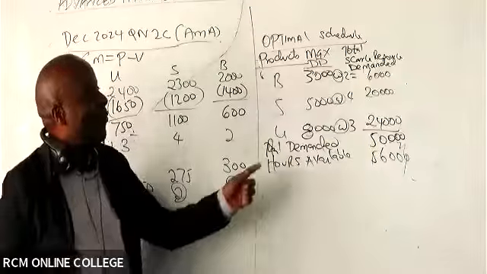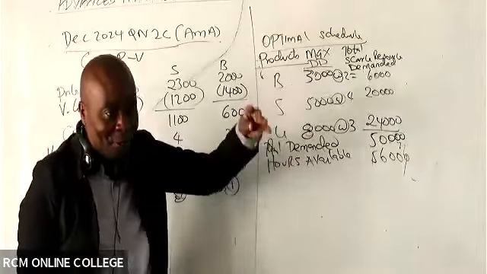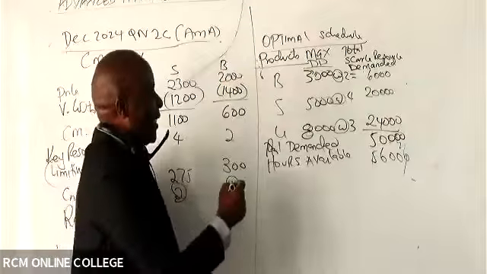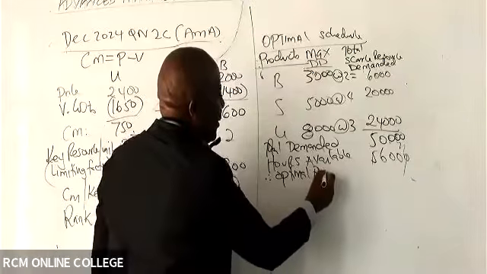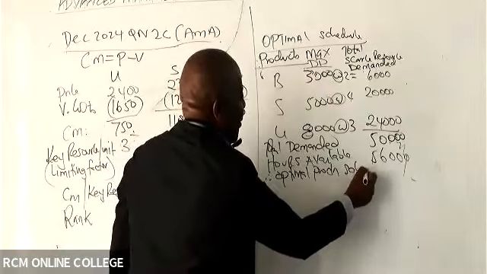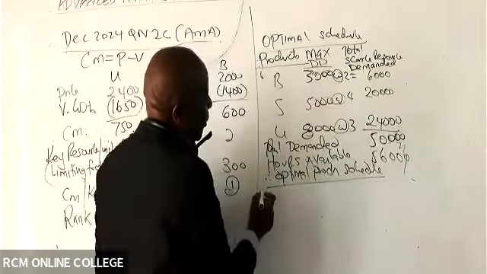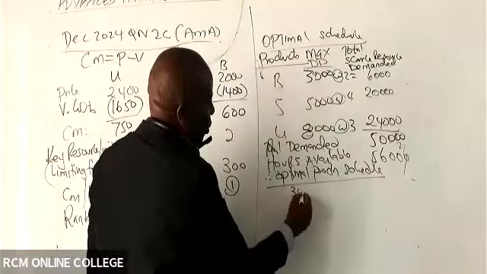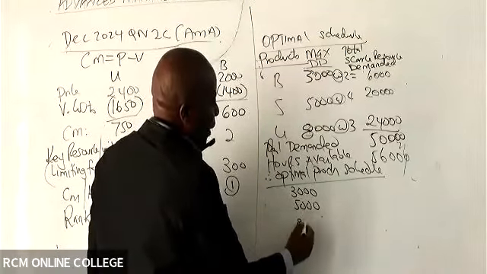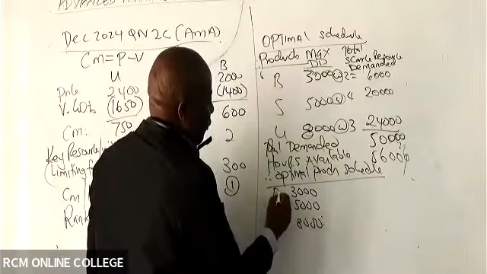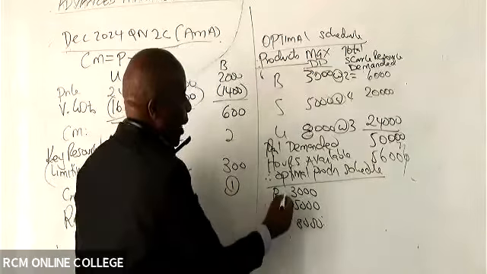Therefore, whatever is asked by the market is what we shall produce. The optimal production schedule will be 3,000, 5,000, and 8,000, for B, S, and U.